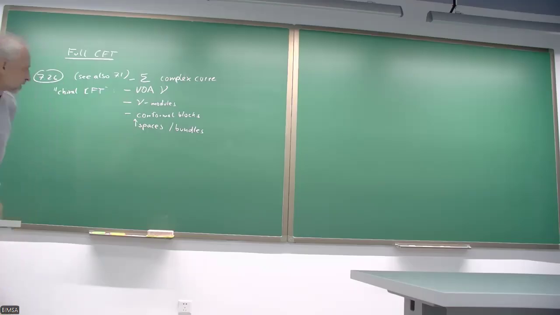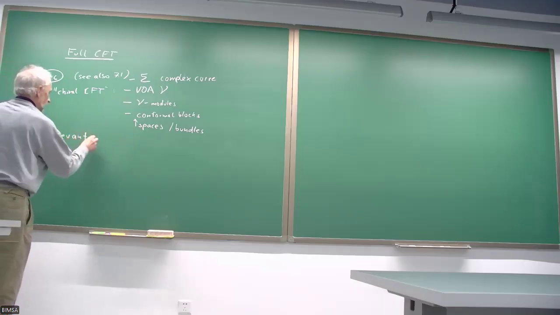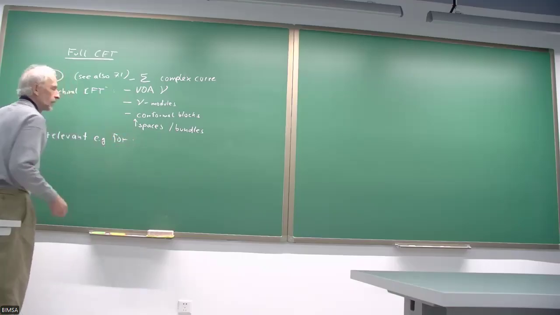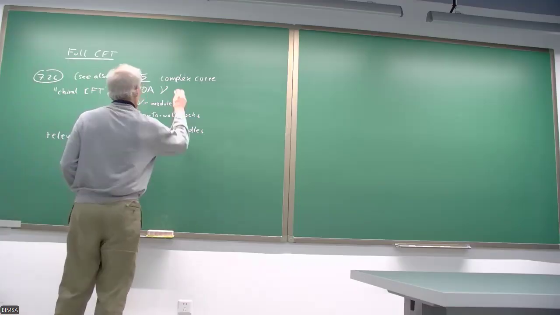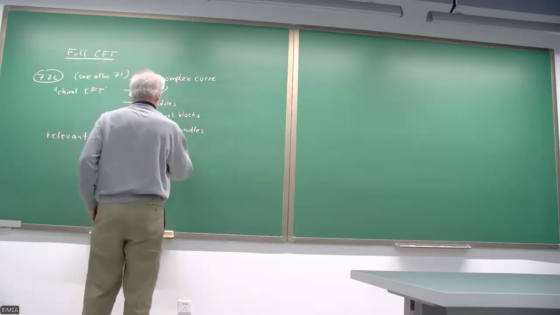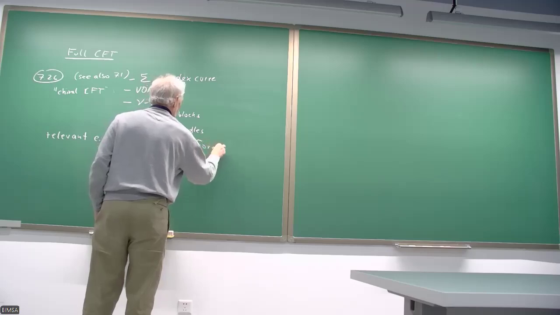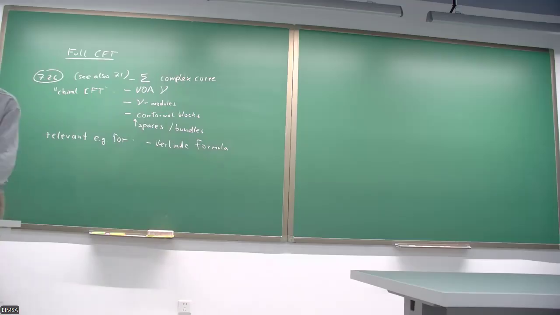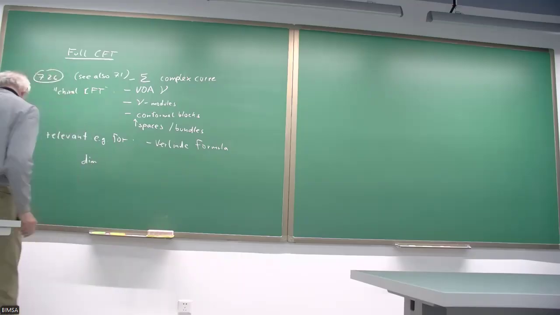And let me mention this is relevant, for example, in algebraic geometry, when for a particular subclass of vertex operator algebras, one derives what is called the Verlinde formula. And let me give it in full generality, which is not the way it's typically written in conformal field theory.